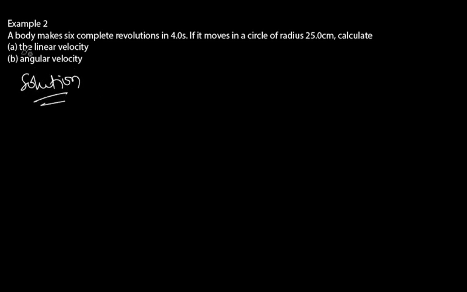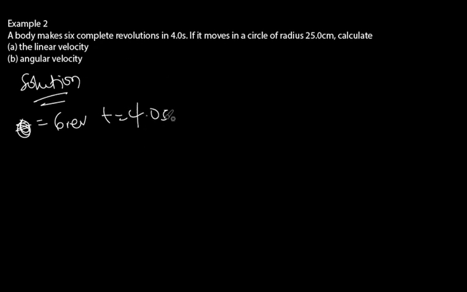We have a body that makes 6 complete revolutions, so our angular displacement is 6 revolutions. Then we have our time, the time it has taken this body to make these complete revolutions, which is 4 seconds.